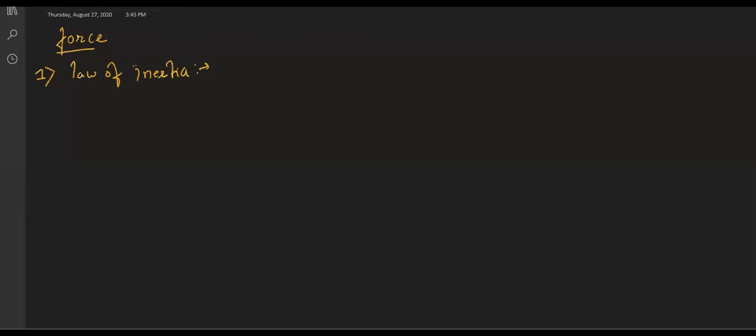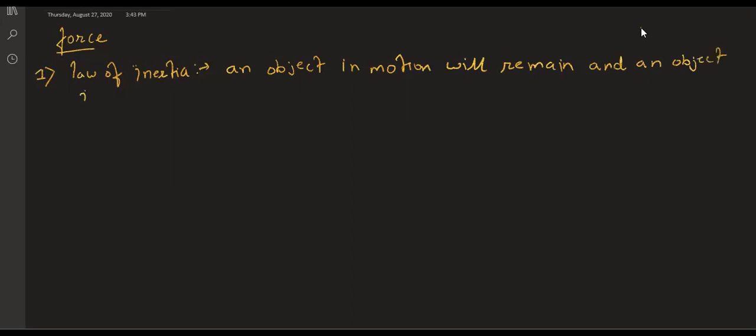Yes, very good. It says that an object in motion will remain in motion, and an object at rest will remain at rest, unless and until an external force is applied.